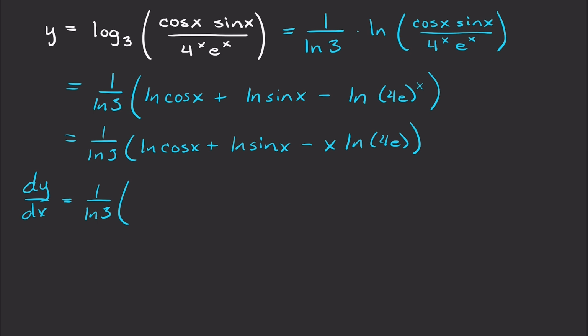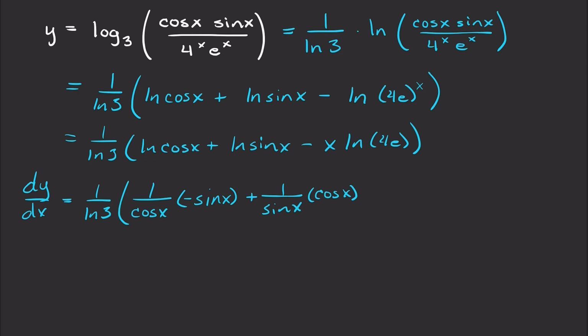Then the natural log of cosine, that derivative is 1 over the argument cosine times the derivative of cosine, which is minus sine, plus the derivative of natural log of sine x is 1 over sine x times its derivative, cosine x.